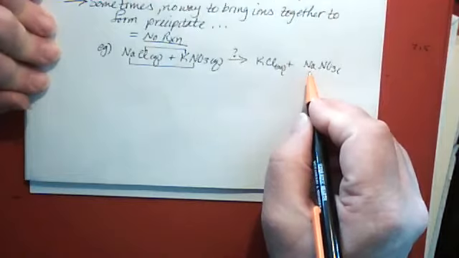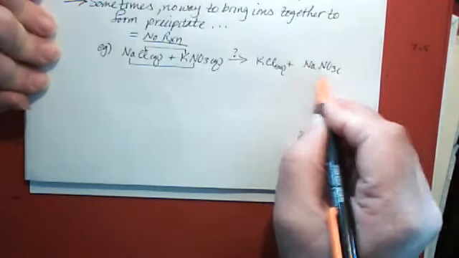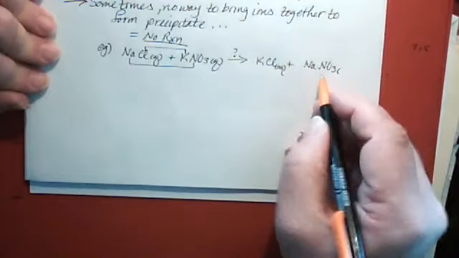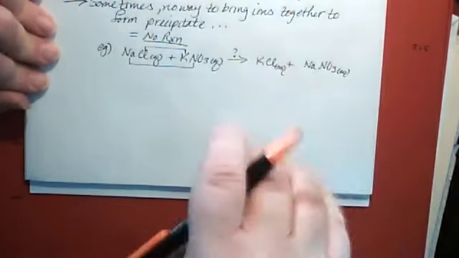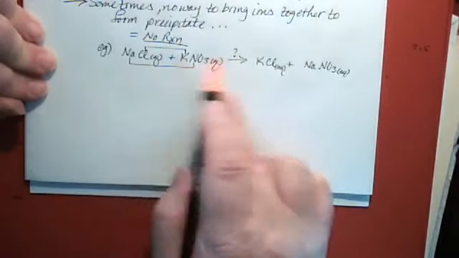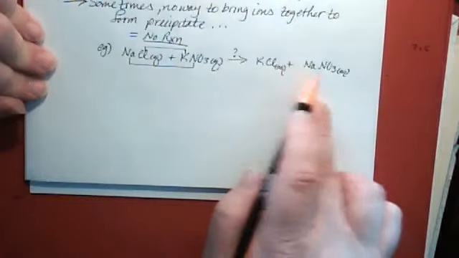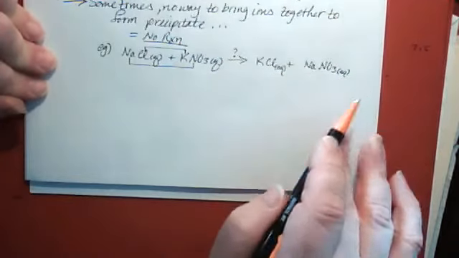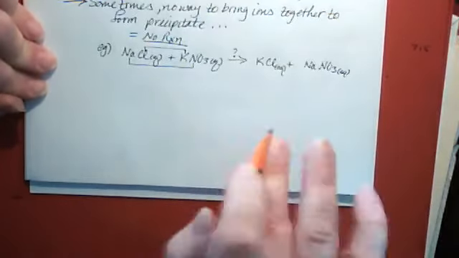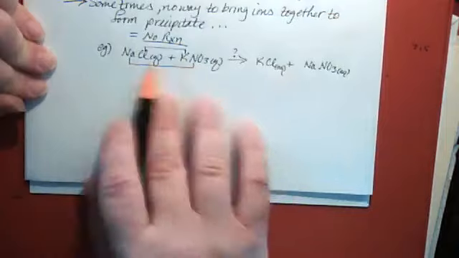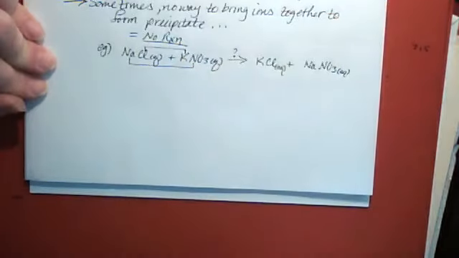Also, all sodium compounds are soluble, and all nitrate compounds are soluble too. So sodium nitrate is very definitely aqueous, dissolved in water. When both of the reactants and both of the products are all aqueous, that's a pretty good sign that you actually have no reaction. What you really have are just a bunch of ions sitting around in water doing nothing.